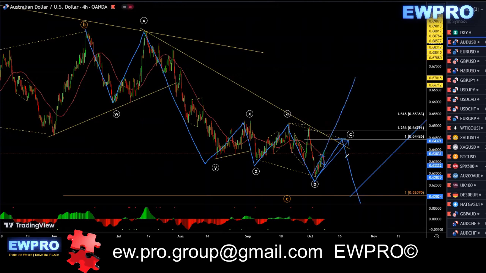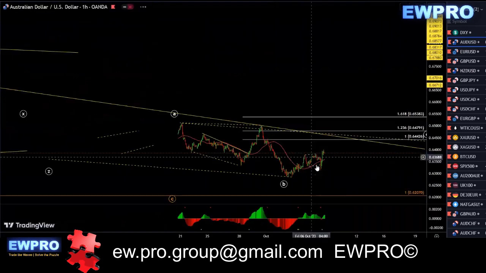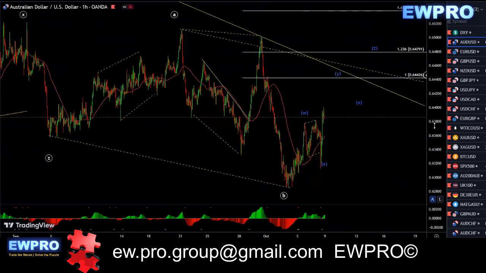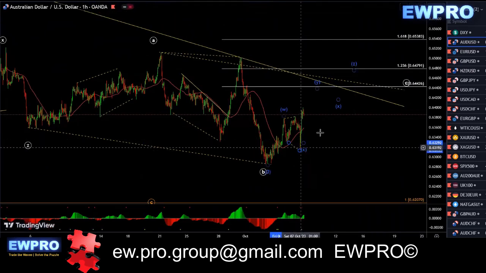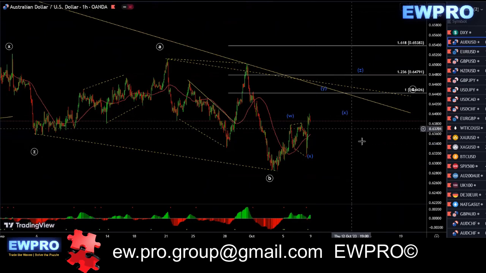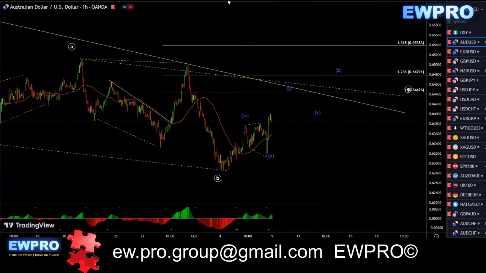That's why it's important to get into this buy in here. I'm on this one as well. From Friday, I'm in a buy on this somewhere around here. For this 5 up in here, it might be just 3. We get an A, B, C up to this 100 pip, or it turns motive.